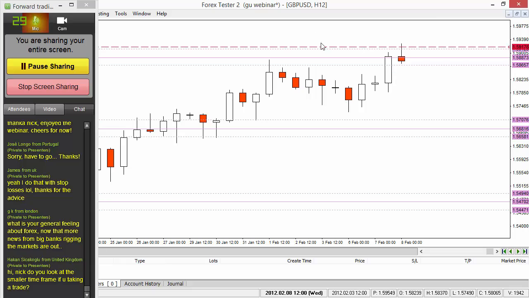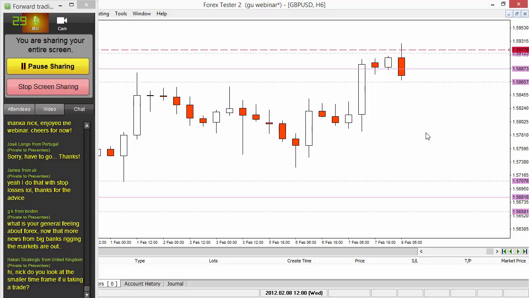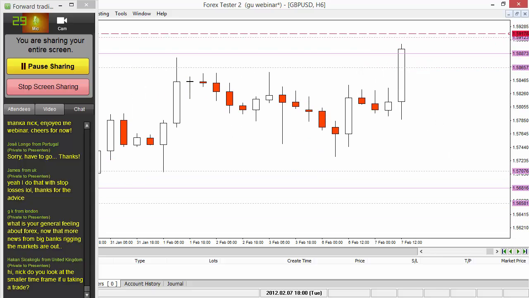Do I look at a small time frame if I'm taking a trade? I've been doing that more and more recently. But mostly what I do is, all right, let's say I was on the 6 hour. Or let's say we'll go even lower, we'll go 3 hour.